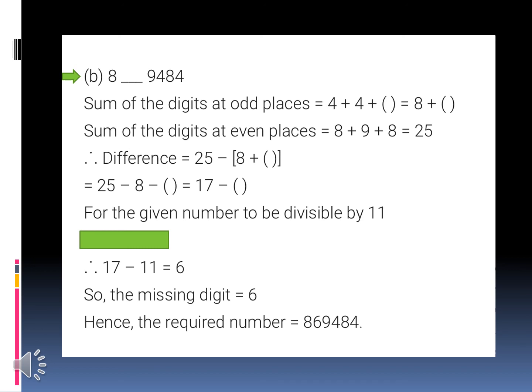So 17 minus 6 is 11, right? Or we can say 17 minus 11 is equal to 6. For finding the missing digit, we can do 17 minus 11 is equal to 6. This is how we can find the missing digit. So the required number is 869484. Be a little bit careful in such questions.